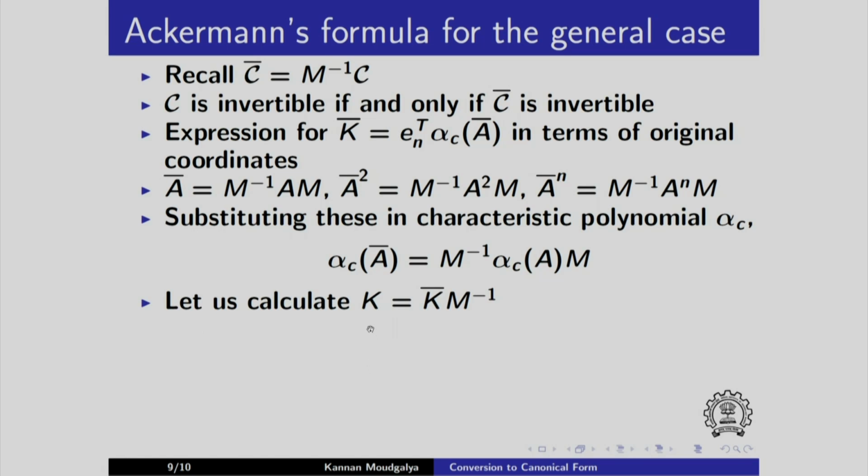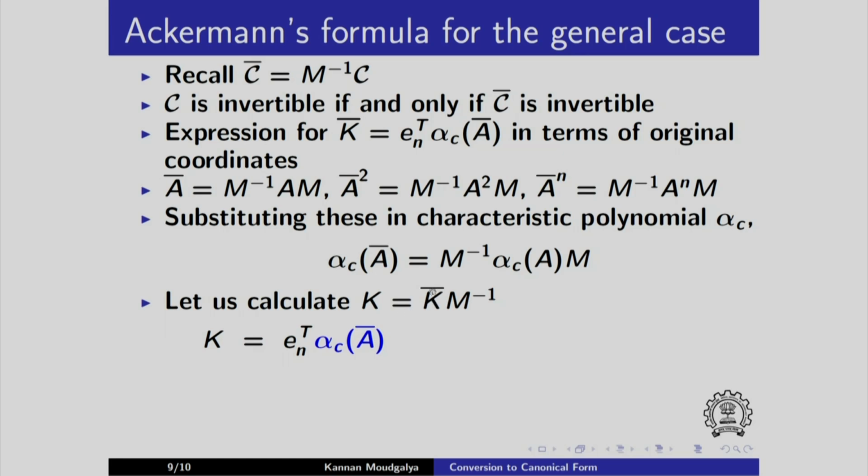So let us calculate K now directly. K equals K bar into M inverse, which also we derived in a previous slide. So let us substitute for K bar here. What is this? This is nothing but the Ackermann's formula when A bar and B bar are in controller canonical form.